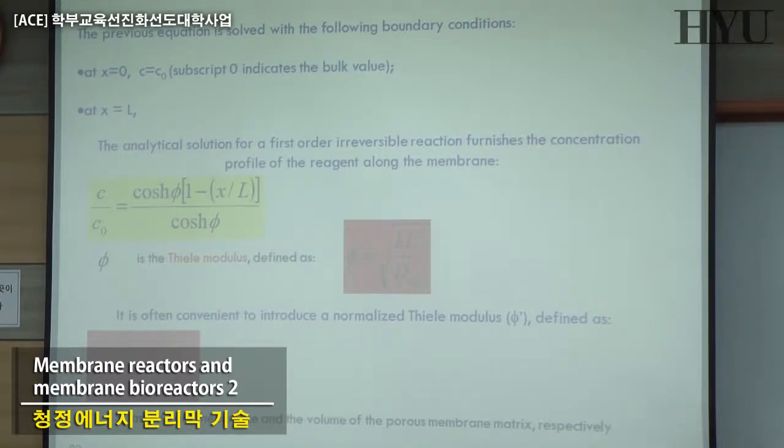You know, chemical engineers are very familiar with making dimensionless numbers. In this case, the solution of the equation is of this form, for a first-order irreversible reaction, and you have the concentration of the reagent along the membrane, and the Thiele modulus is just this.